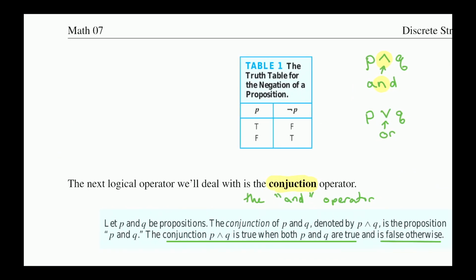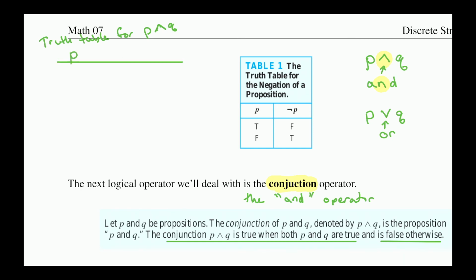Okay, so we're going to practice making a truth table here. If we're trying to make a truth table for P and Q, the way you would do that is, we're going to start out our table.